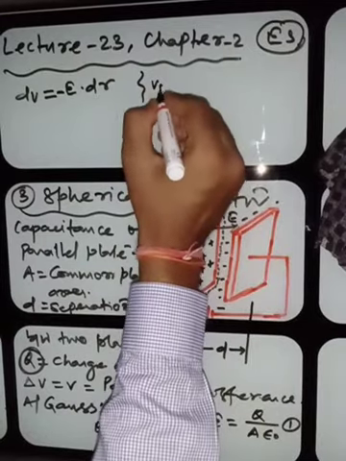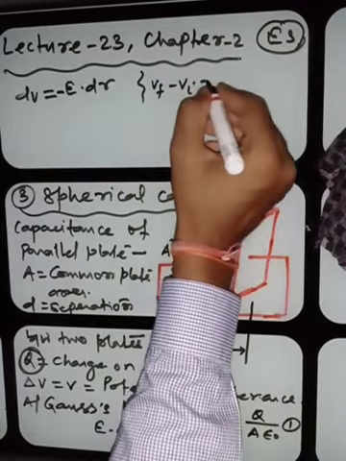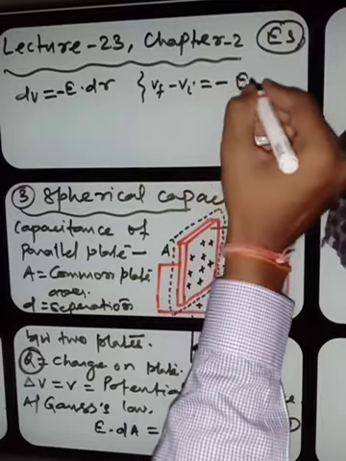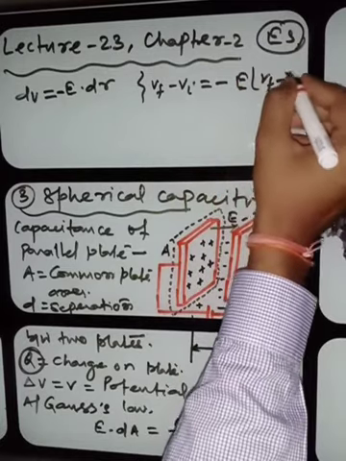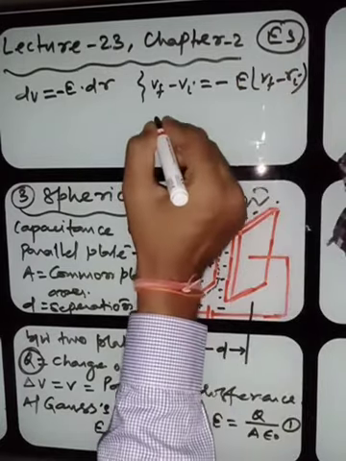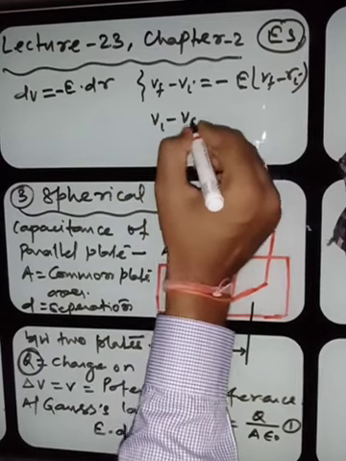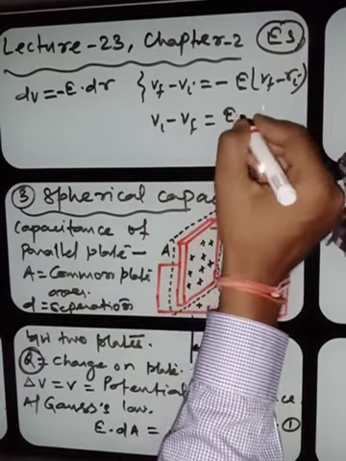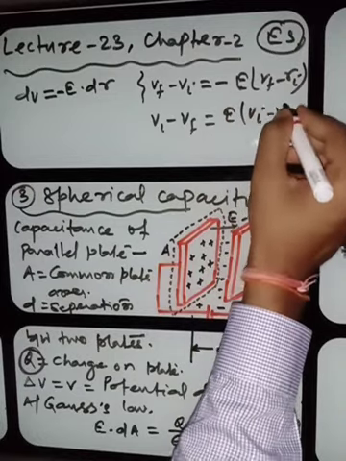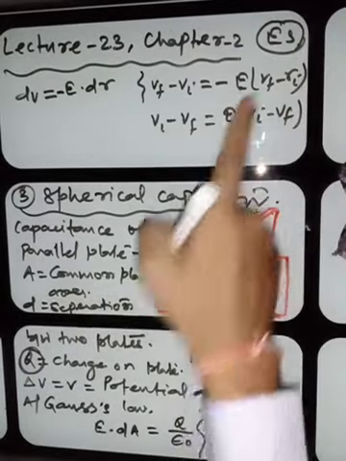dV, that is V final minus V initial, is equal to minus E times r final minus r initial. But if you write V initial minus V final, then you have to write E times r initial minus r final. The minus will compensate.